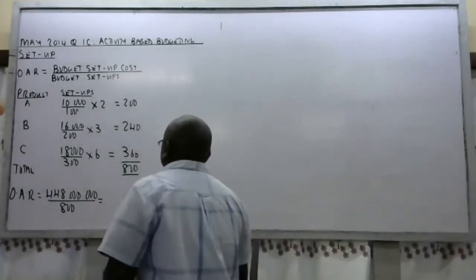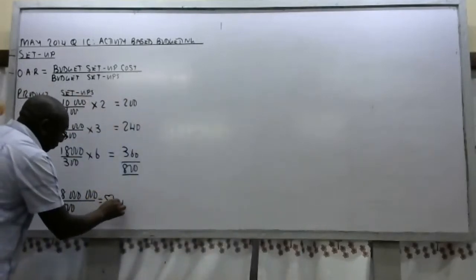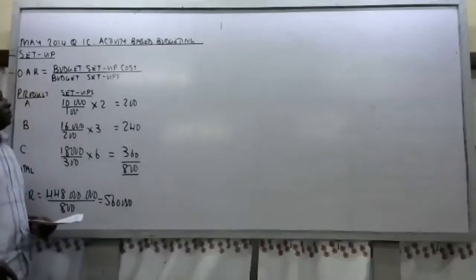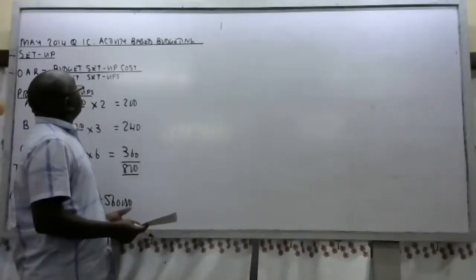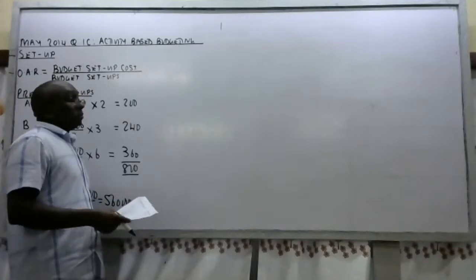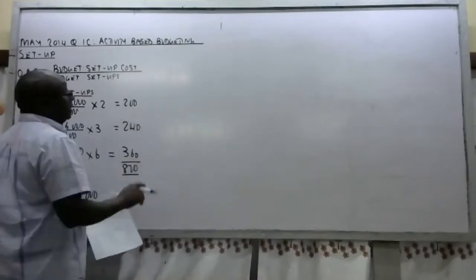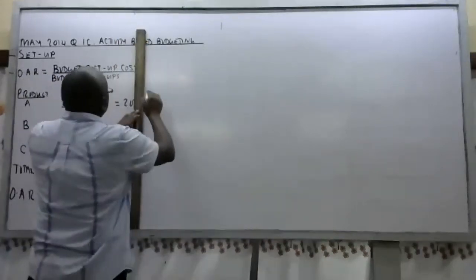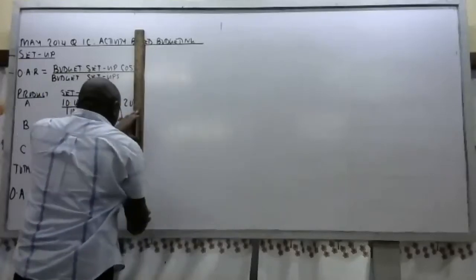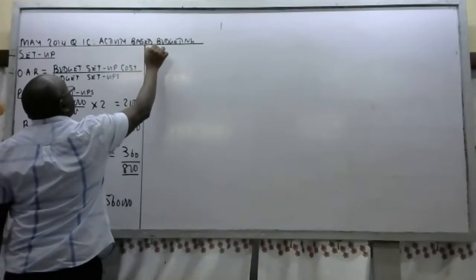$560,000 according to June. Then after that, we proceed and now say per product.